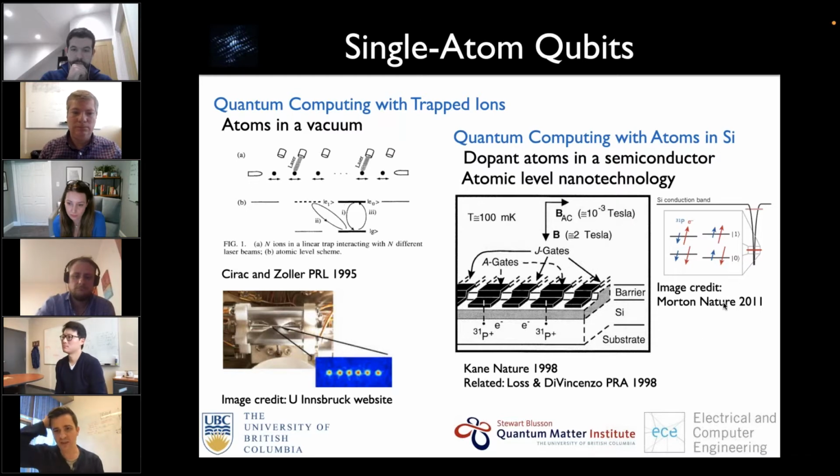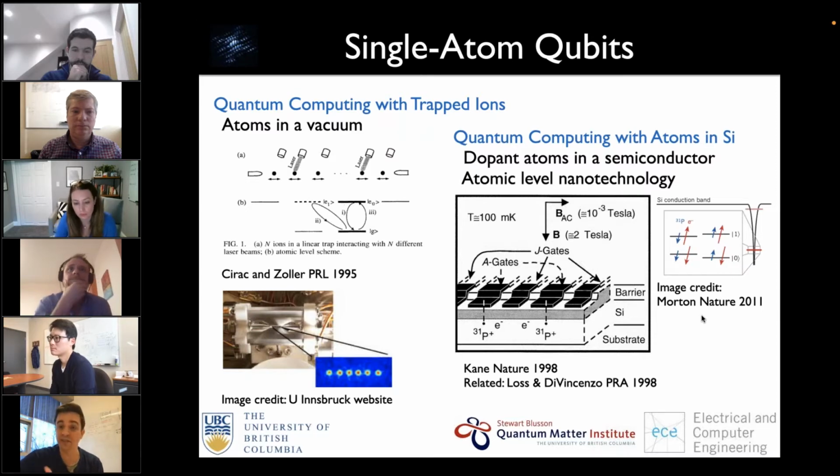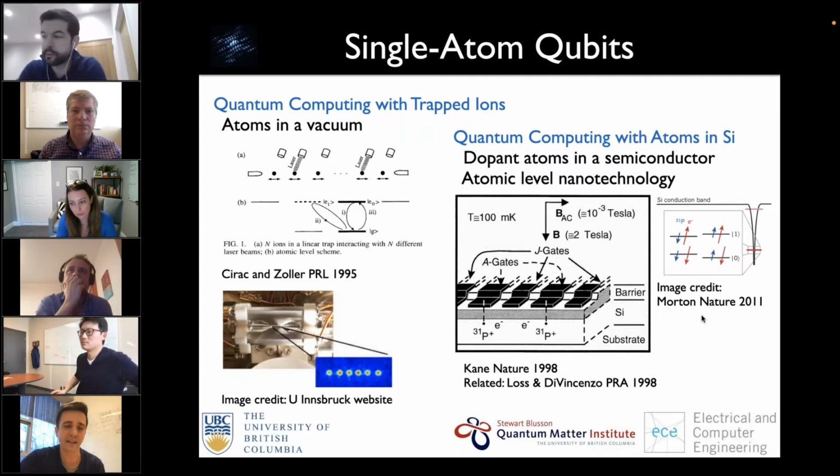But the reason it was so interesting is that the electron and nuclear states bound to phosphorus donors have some very interesting properties for quantum computing. Namely, it was anticipated that they would be extremely coherent, or that two-level superpositions created with them would have very long lifetimes, which is one of the key big challenges in quantum computing.